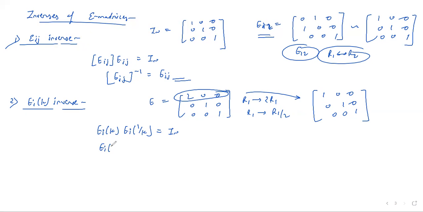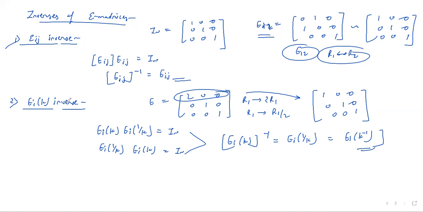I can write it as Ei(1/k) Eik, which is also equal to the identity. From these two we get that Eik inverse, what is the inverse of Eik? It is Ei(1/k), and you can write it as Eik inverse.